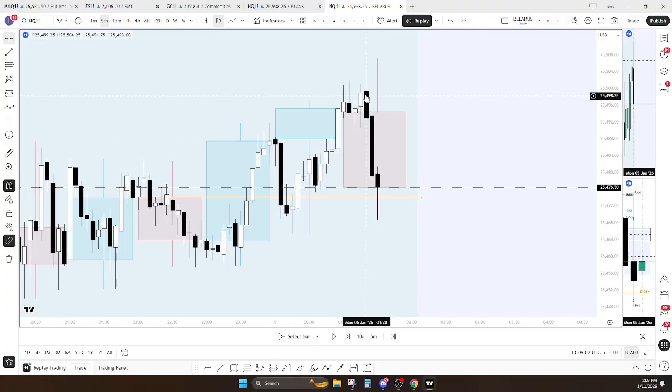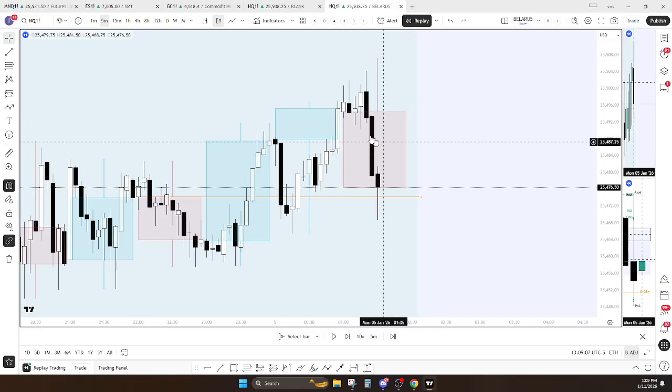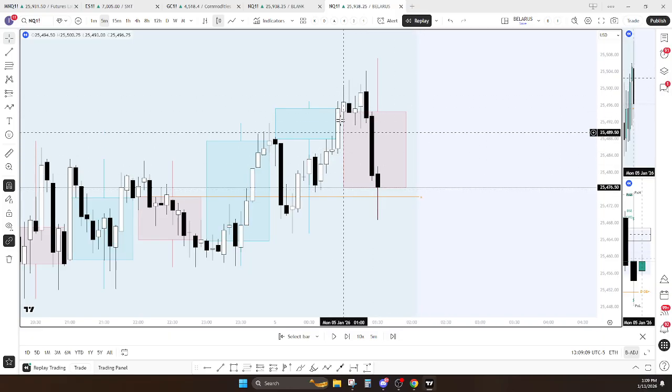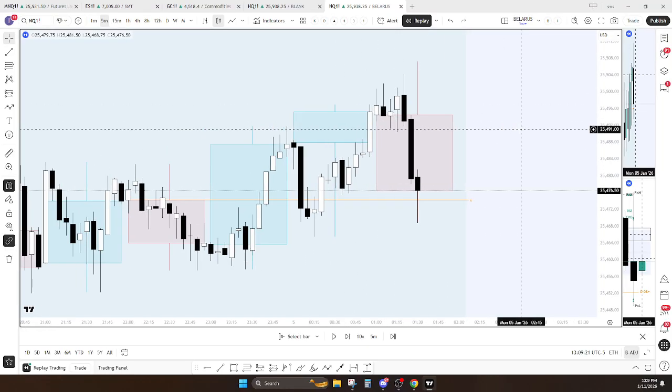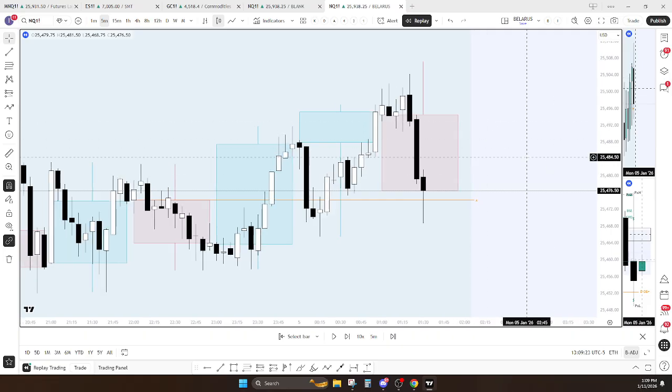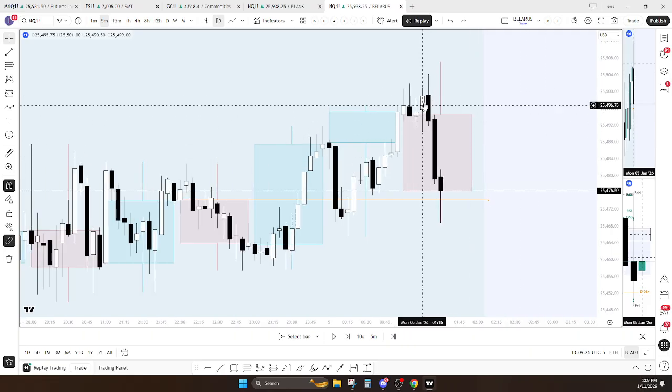Look at this, this is what I mean by an obvious OB, or just an obvious manipulation. I highly doubt anyone was looking at this as a high probability manipulation. You really want to see big beefy candles like this. Aside from Cozy, I highly doubt that anyone would have seen this and said, okay, I'm going to just short this right now.